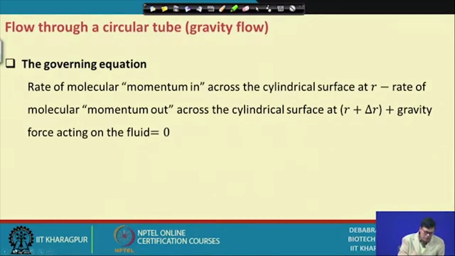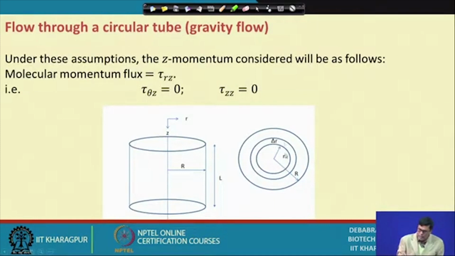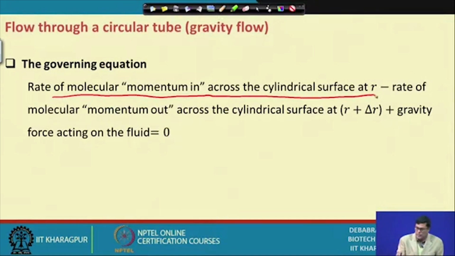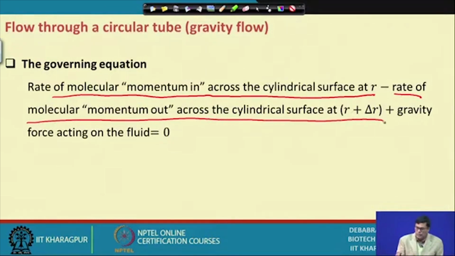You can see that segment; this is the del R we consider, to integrate from R to R plus del R. The flow through the circular tube can be explained as: rate of molecular momentum in across the cylindrical surface R, minus rate of molecular momentum out across the cylinder R plus del R, plus the gravity force acting on the fluid, should be equal to 0.